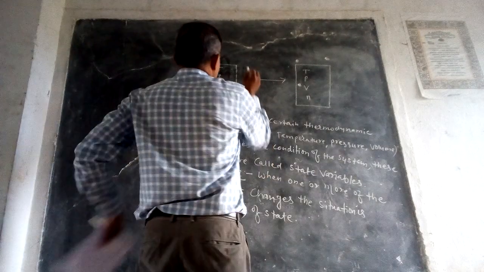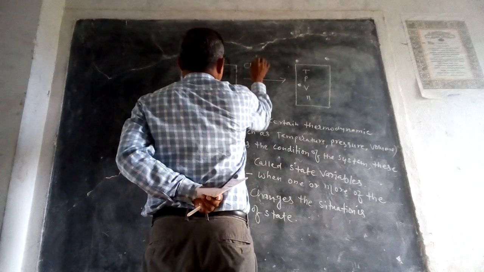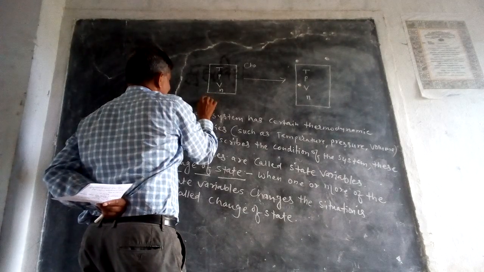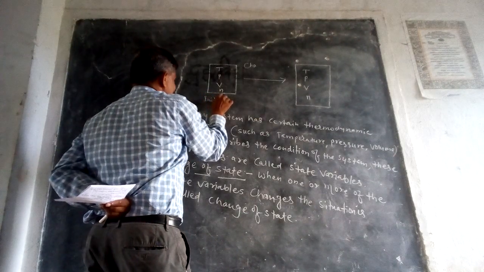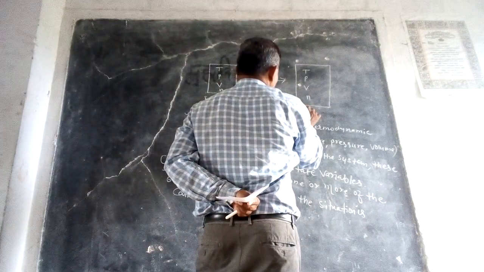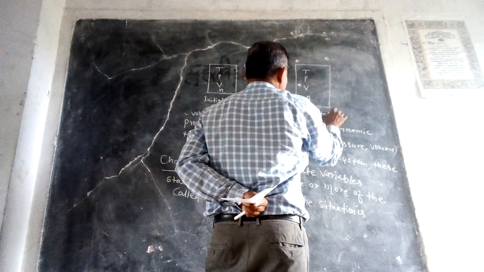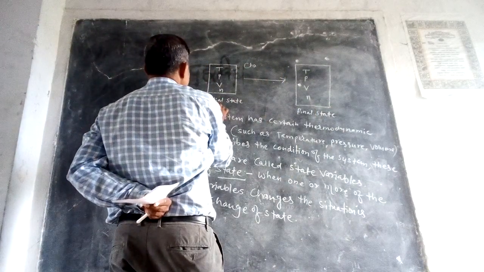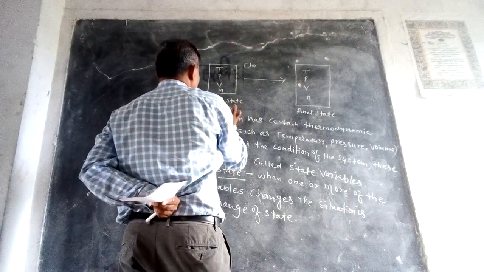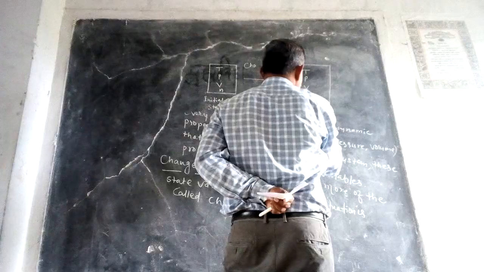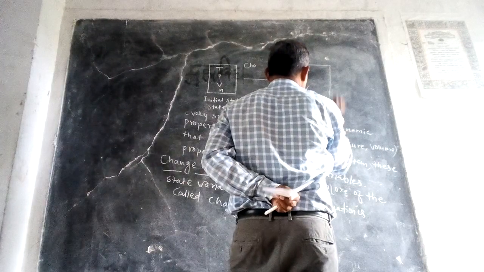So there is a change in variables. We say that this is state 1, or you can say the initial state, and here the final state, or state 2.